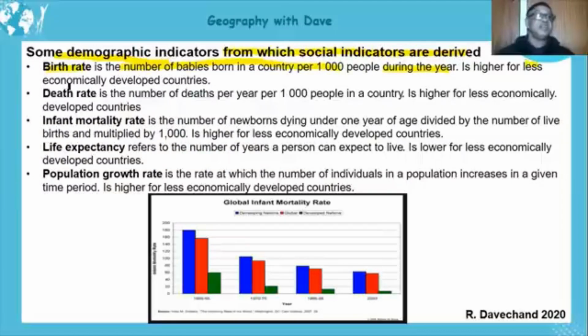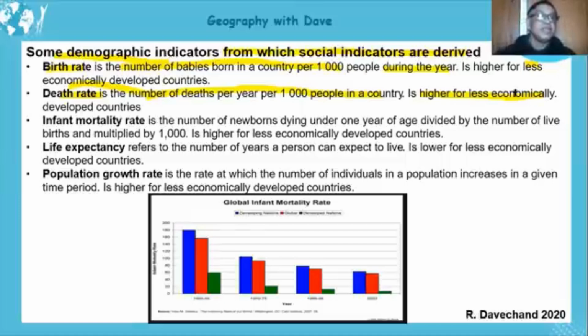The death rate, the number of deaths per 1,000 people in a country, is also higher for less economically developed countries because they don't have full birth control, and the health facilities are not that good. You understand? So higher death rates affect development.